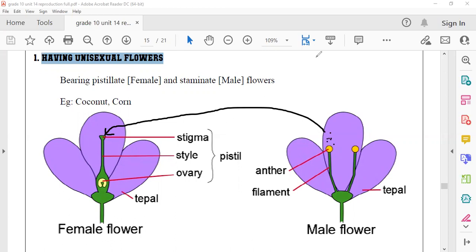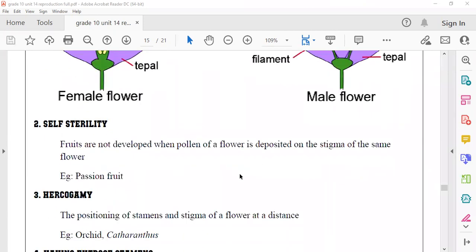That is one adaptation. Another adaptation is self-sterility. If the pollen is deposited on the flower's own stigma, fruit will not develop, seed will not develop.